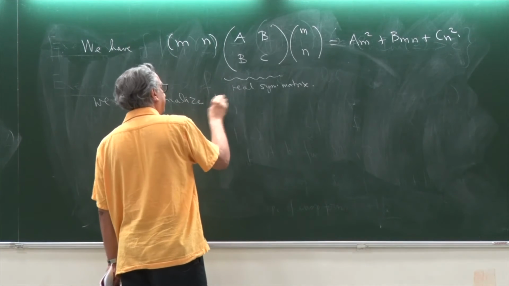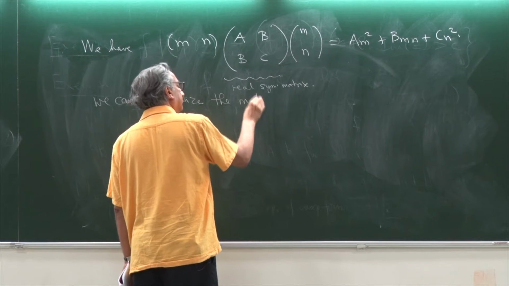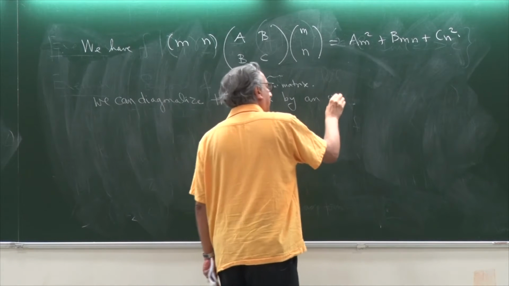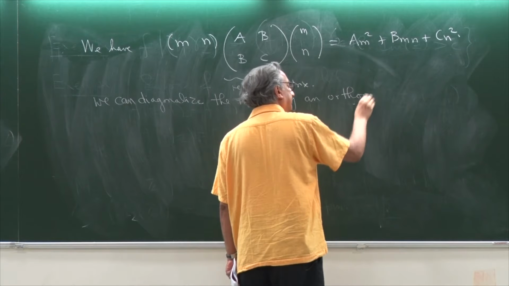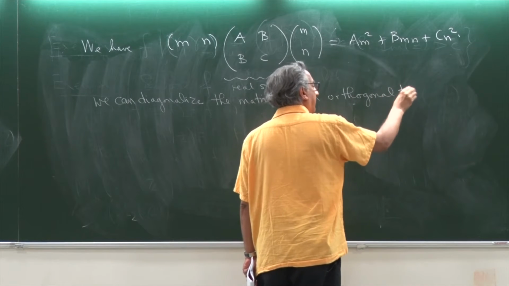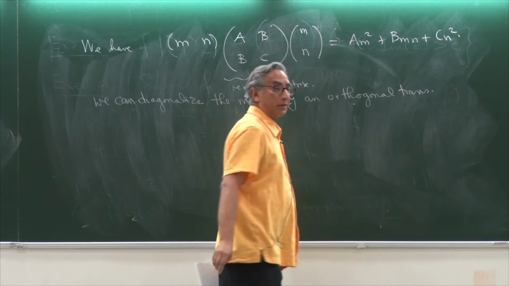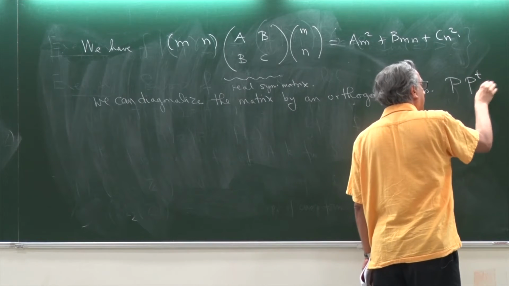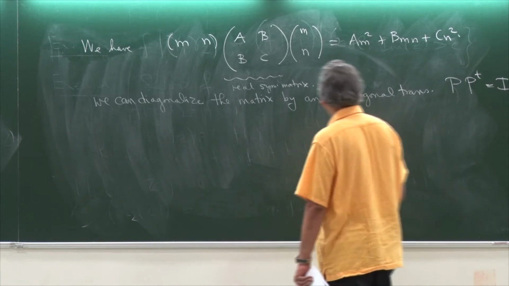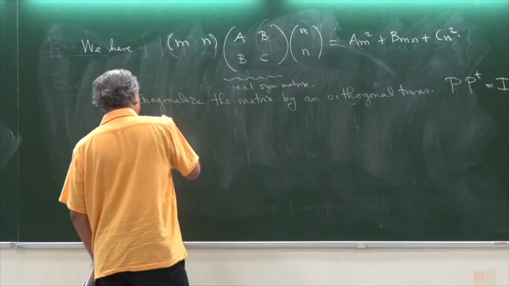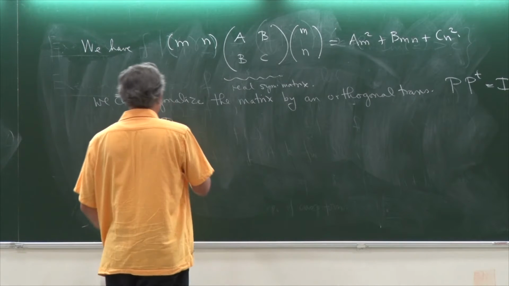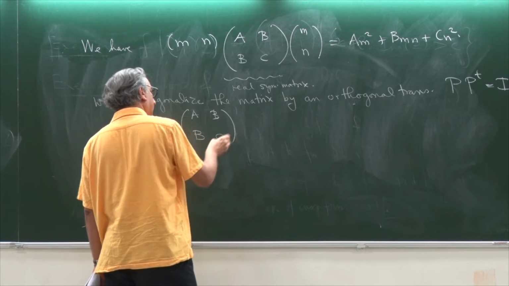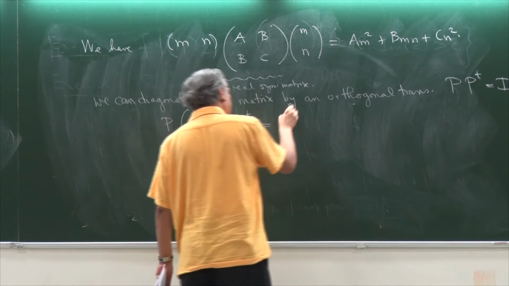So we can diagonalize the matrix by an orthogonal transformation. Remember what an orthogonal transformation is: it's a matrix P such that P P transpose is the identity. In other words, P times the matrix A, B, B, C times P transpose is a diagonal matrix.